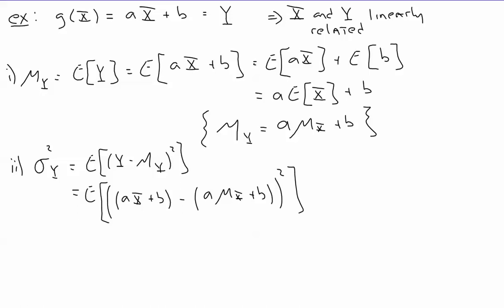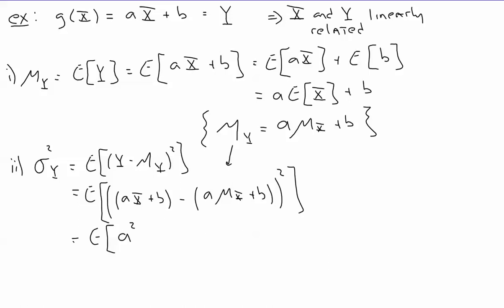I'm substituting in the result from the first part of this example right there. All right. Square this out and simplify it a bit. Well, let's simplify a bit before we square.